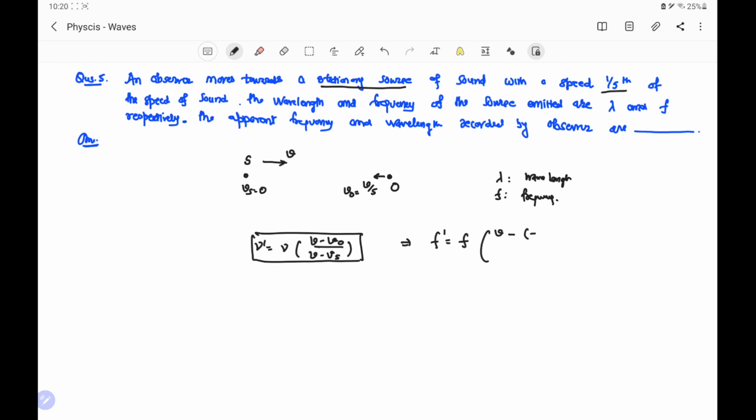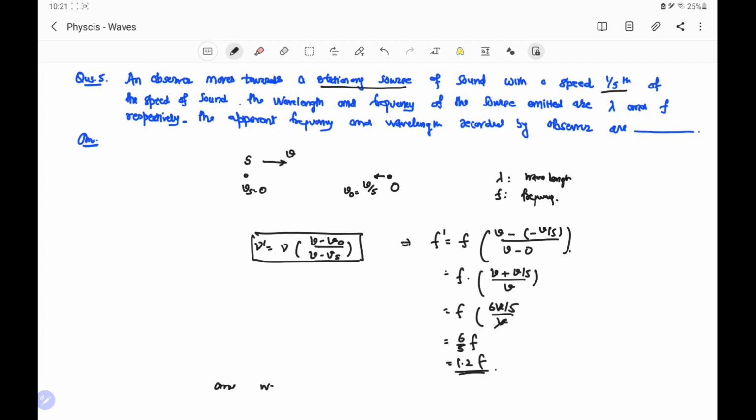It will be minus because observer is moving opposite to the direction of the sound wave, so it is V by 5 divided by V minus 0 because source is stationary. So it will be equal to f into V plus V by 5 divided by V, or we can write it as 6V by 5 by V. This V and V get cancelled, so it is equal to 6 by 5 f. This is the apparent frequency.